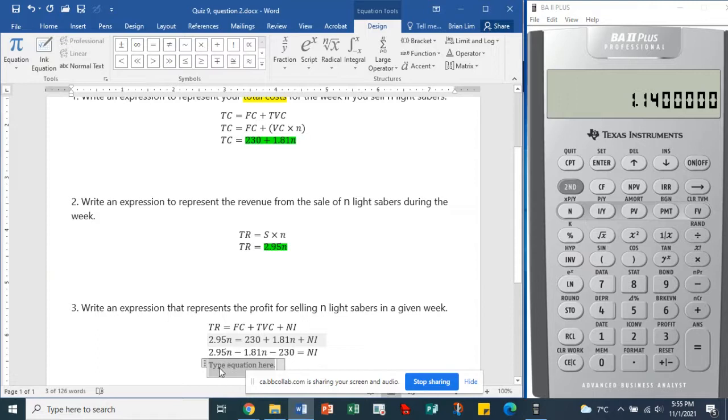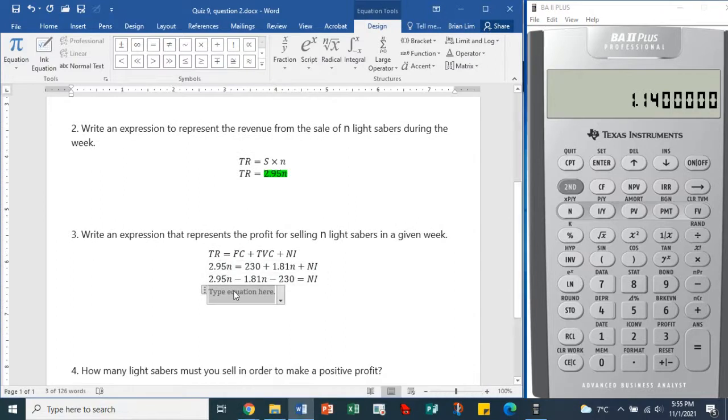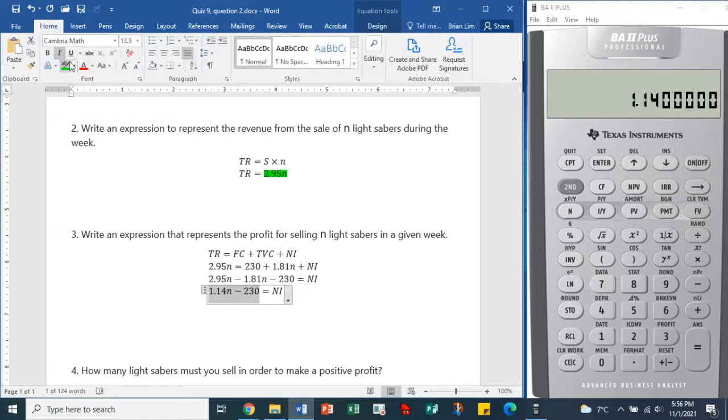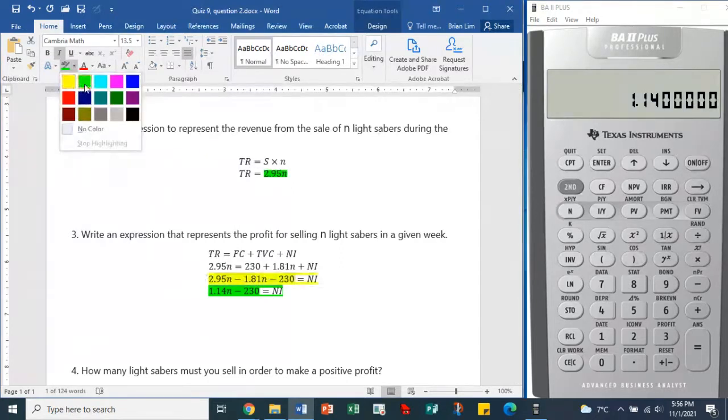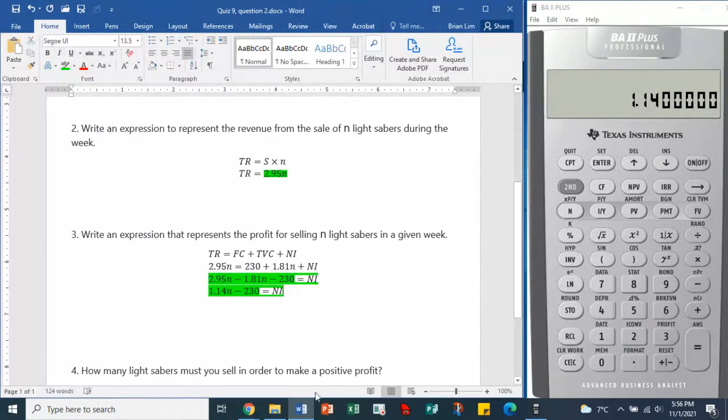So in here, we can put instead 1.14 n minus 230 is equal to the net income. Okay, so this would be the expression. Either of these expressions would work, this one here or the one just above it. Both of them will be accepted as the answer.